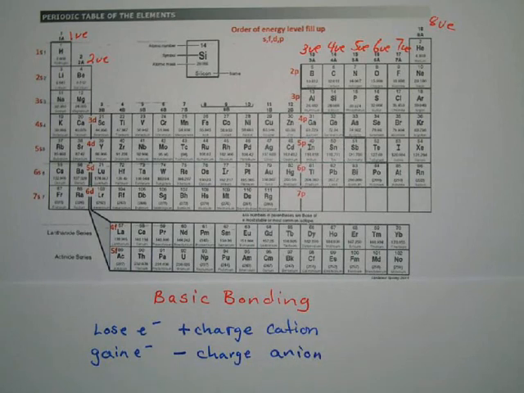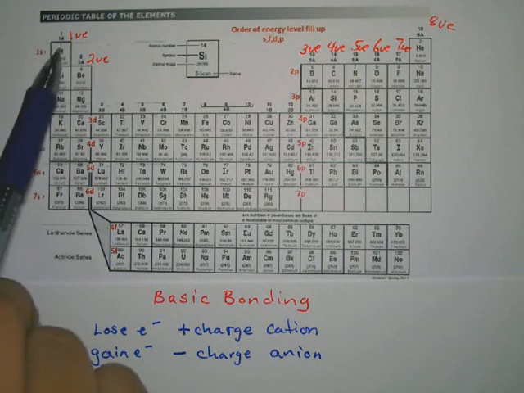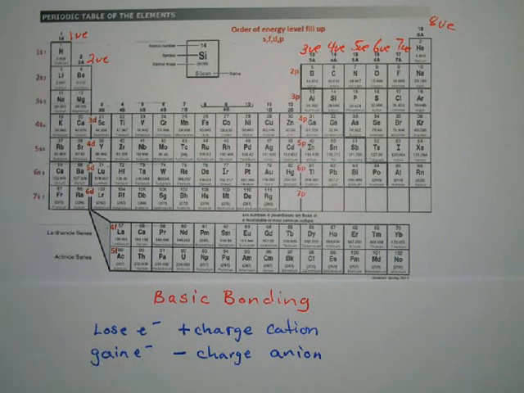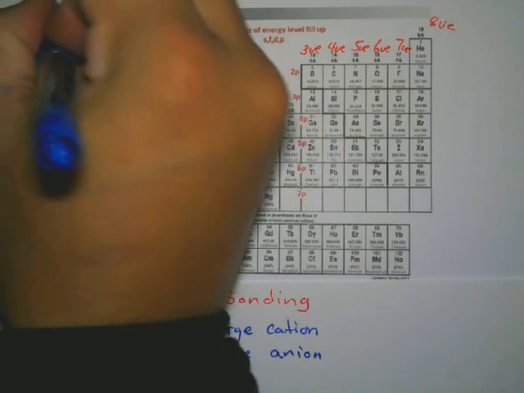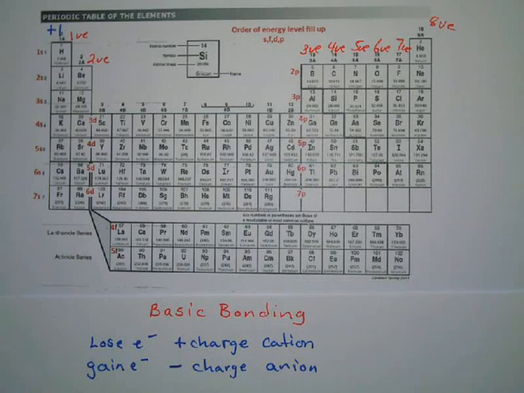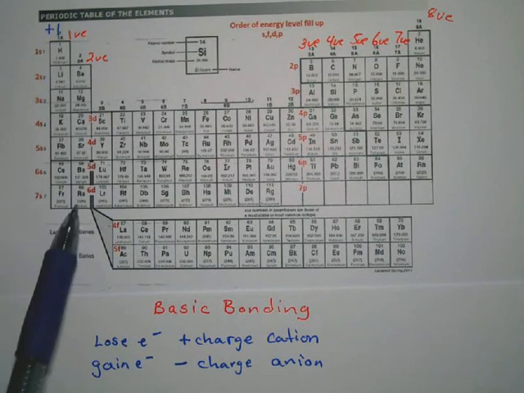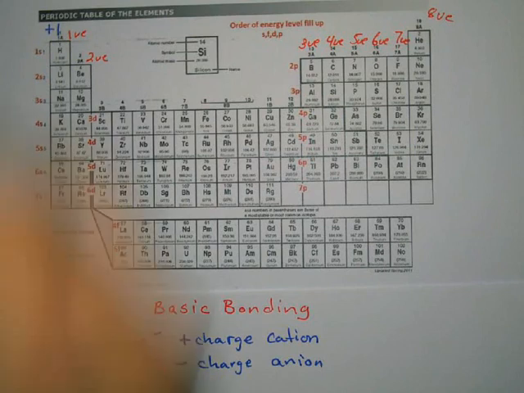So right here, group 1 wants to give away, so we're going to get a +1 charge here, oxidation number. So this whole group has a +1 oxidation. The oxidation numbers are going to become super important. Group 2, it's easier to give up 2 than to try to gain 6, so they're going to take a +2.